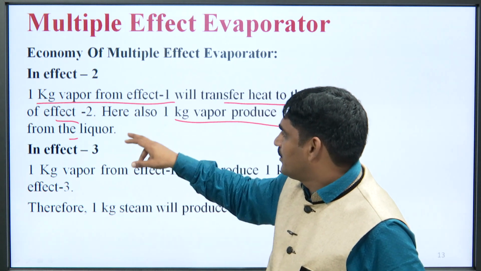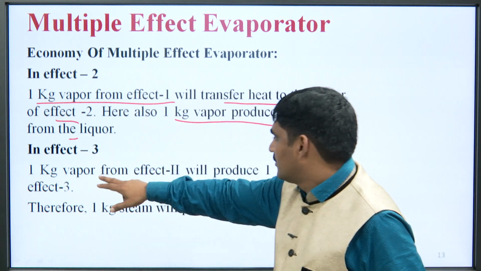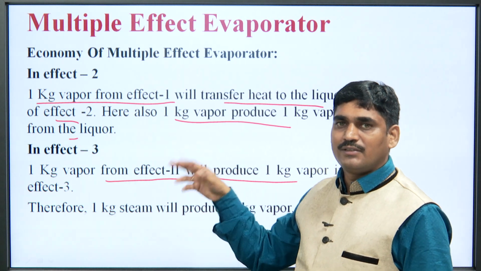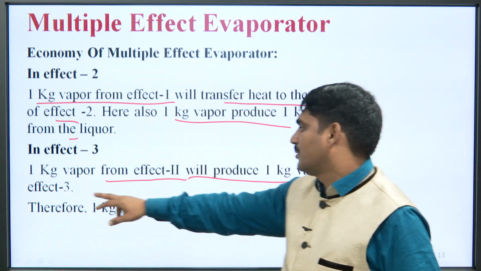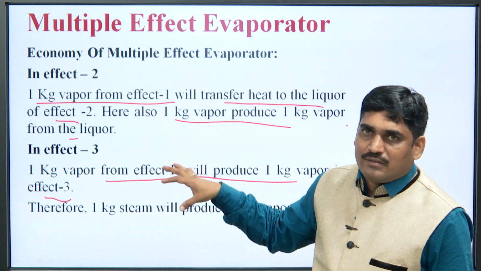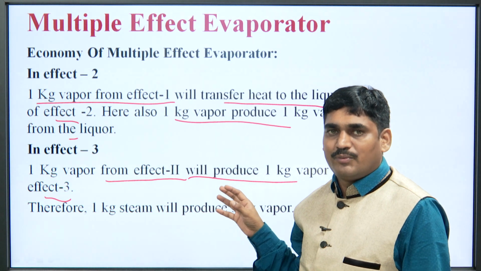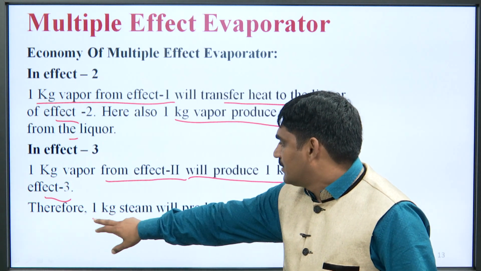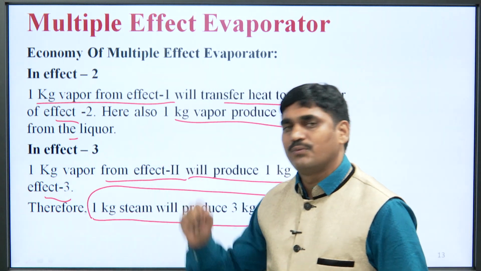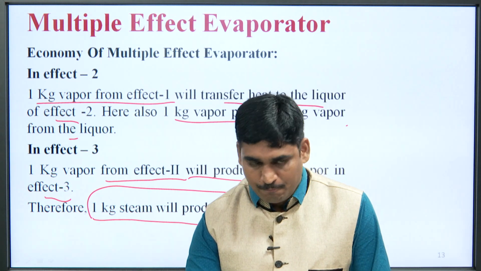This 1 kg vapor produced in effect 2 is transferred to effect 3, which will again produce 1 kg vapor in effect 3. Since we have considered 3 effect evaporators, 1 kg of steam is producing 3 kg of vapors in a multiple effect evaporator.